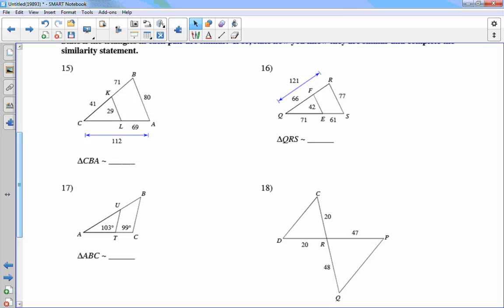Okay, there are three ways to prove that triangles are similar. One is angle, and we underline that two angles have to be congruent. Side: so side is different than triangle congruence.